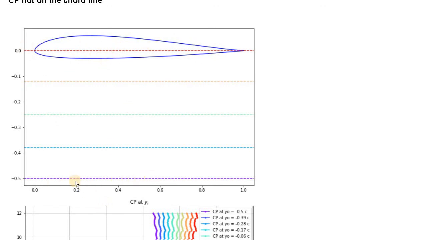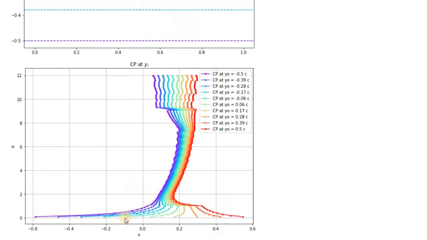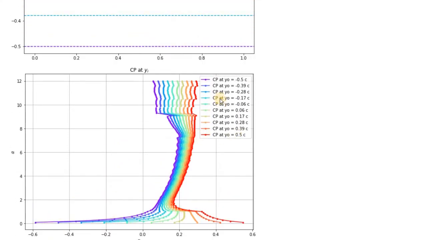The location is here, and then we can plot the graphs for the position of the center of pressure point. All those graphs are plotted for different positions of this line, from minus 0.5 chord length to plus 0.5 chord length, and then you can look at the behavior of the center of pressure with respect to the alphas.